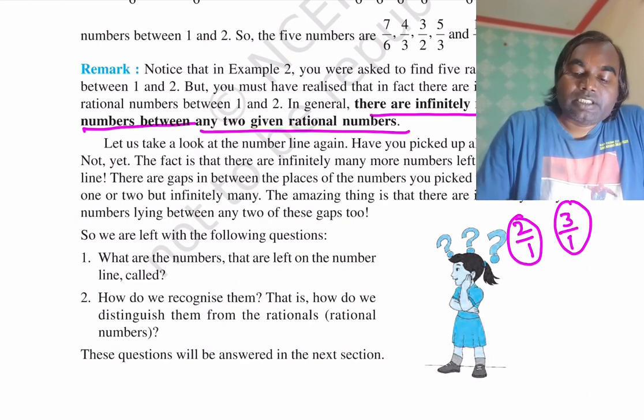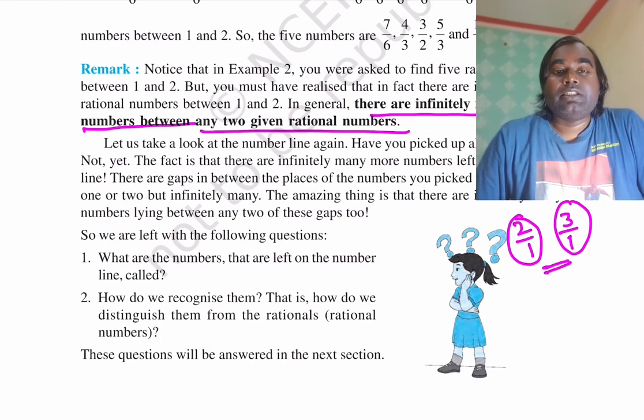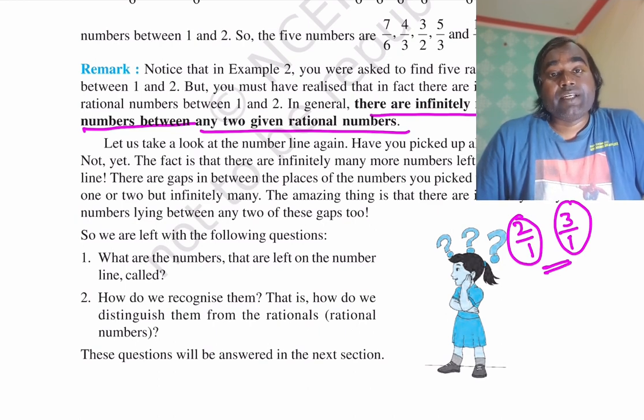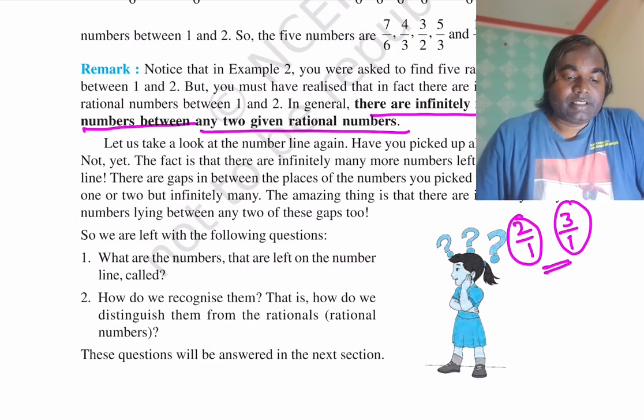Definitely there are other numbers in between the two numbers, and those numbers are infinite in quantity. That means if you pick any two close rational numbers, there are infinite rational numbers in between the two chosen numbers.